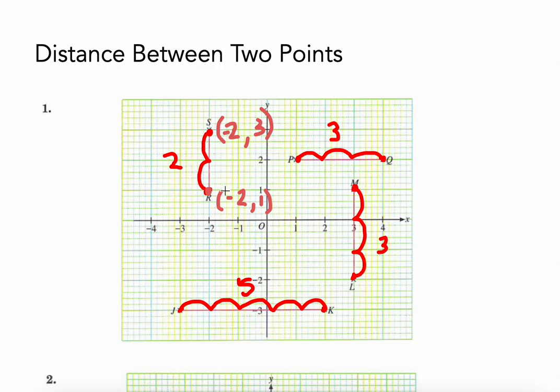The trick without a coordinate graph would be to subtract their difference in y values. So this is 3 minus 1, which will give you that 2.